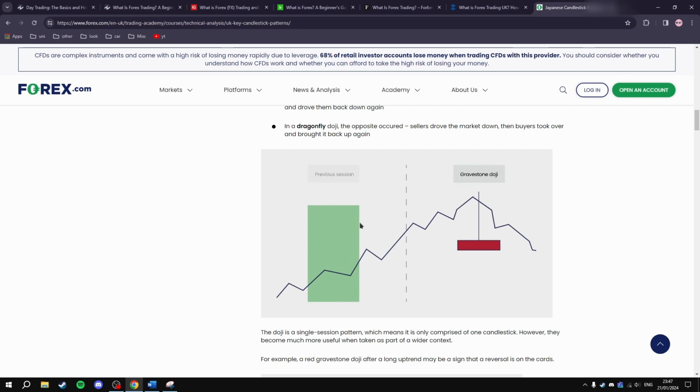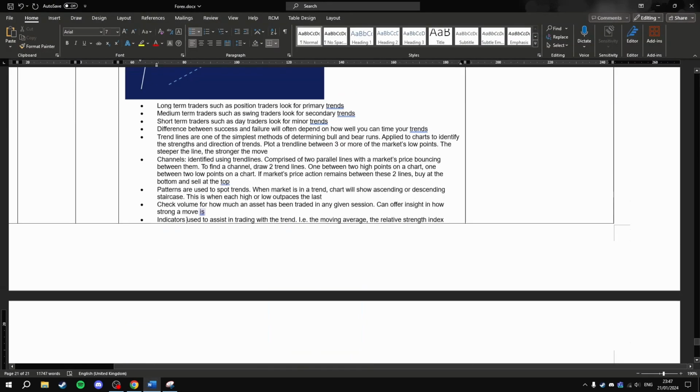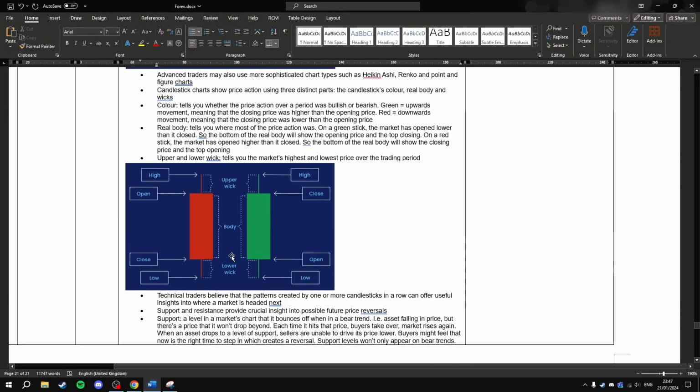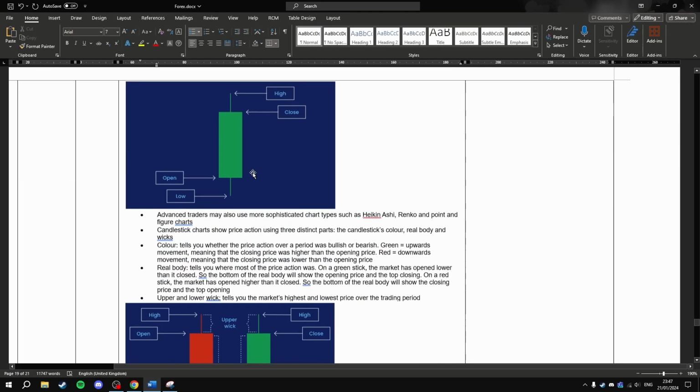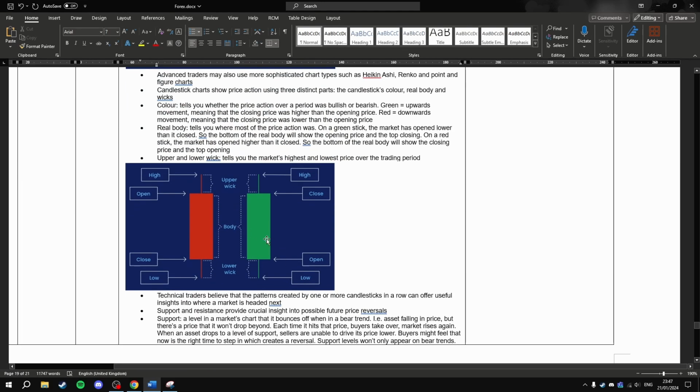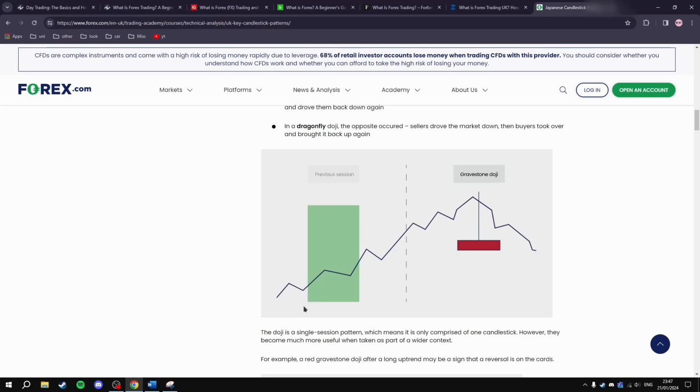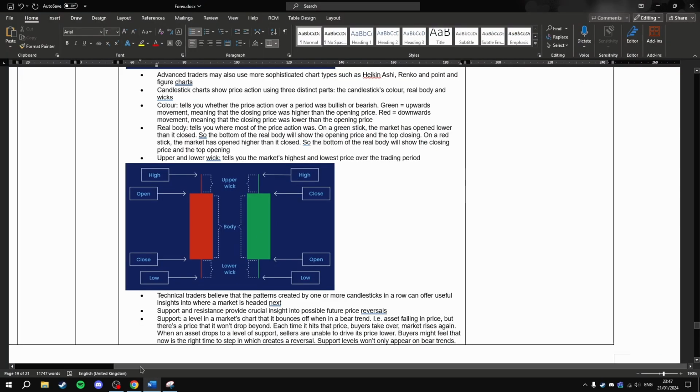Basically, because it's a green one, it opens at its lowest price and it closes at its highest price.